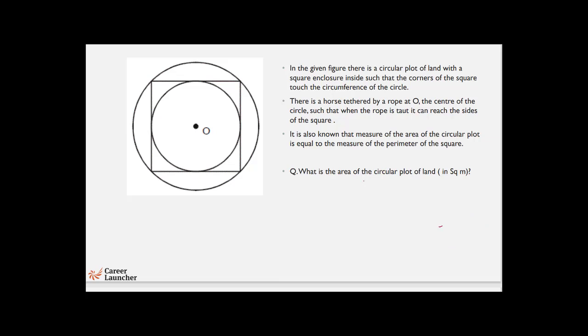So let's say here we take the length of the side of square as A. So we can say the diagonal BD should be root 2 A, and the radius of the circular plot, which is outer, is A by root 2, because remember A is equal to root 2 R.